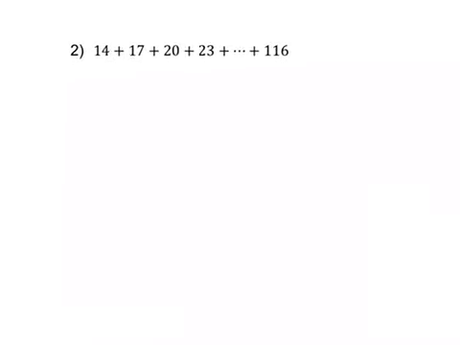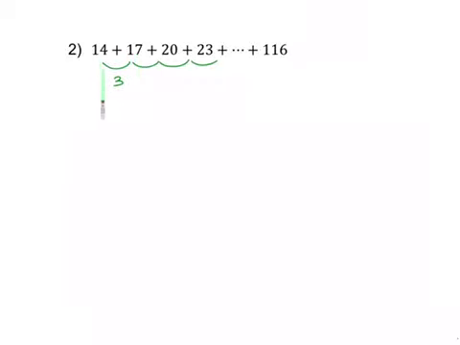Okay. Again, on this next one, I'm going to add 14 plus 17 plus 20 plus 23 and so on to 116. You can see it's an arithmetic sequence because the difference between all of them is 3. 17 minus 14 is 3, 20 minus 17 is 3, 23 minus 20 is 3.